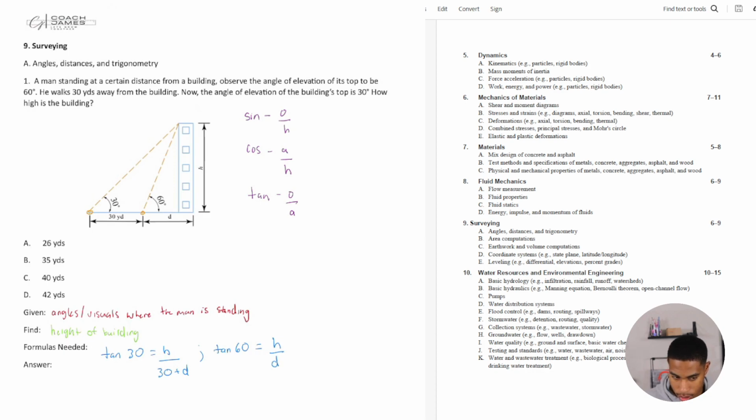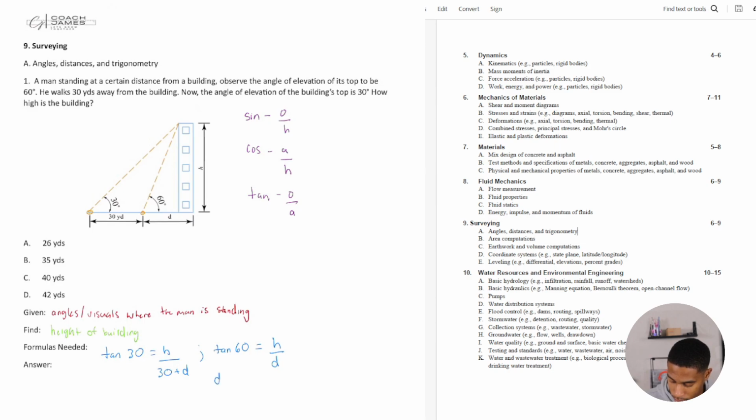Now we have two formulas that both share what we're given in terms of h and d. So now we can isolate one of the variables and plug it into the other formula and hope we get a value for either h or d. I'm going to solve for h in this case.